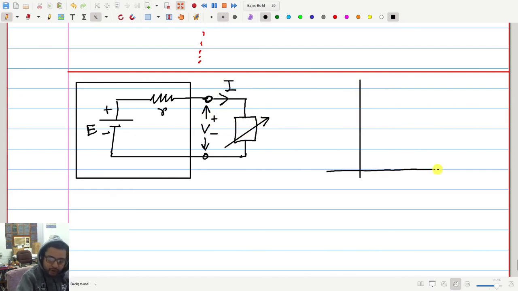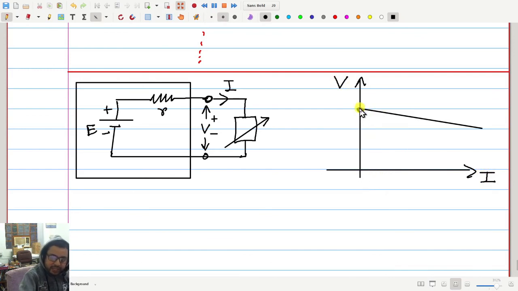If I plot a graph of current versus voltage, how will this graph look? It will be easier if I draw current here and voltage on the y-axis.